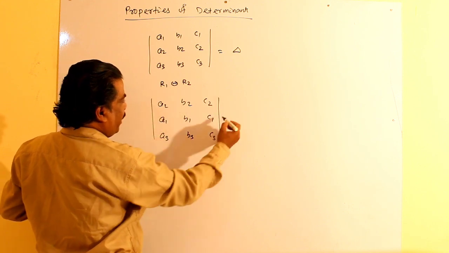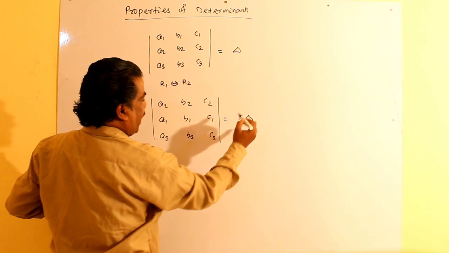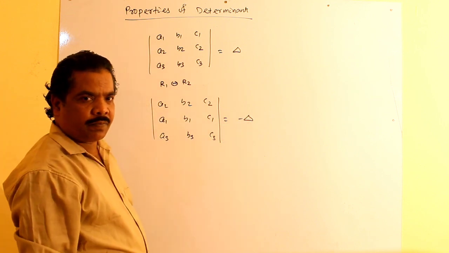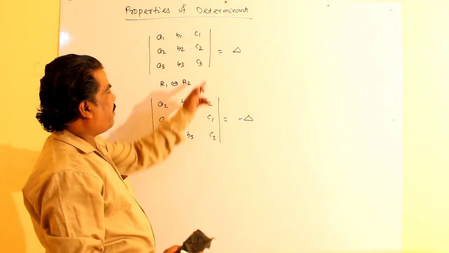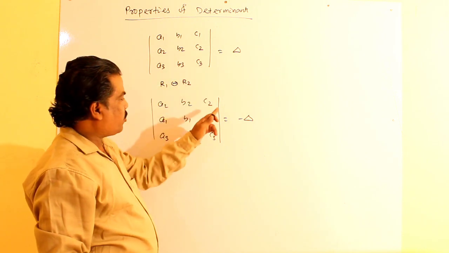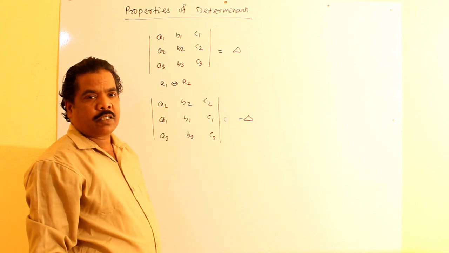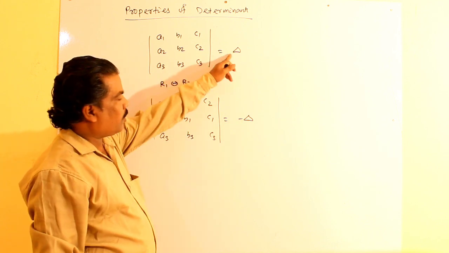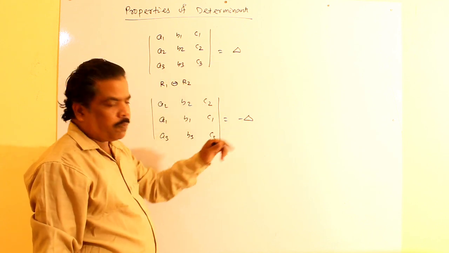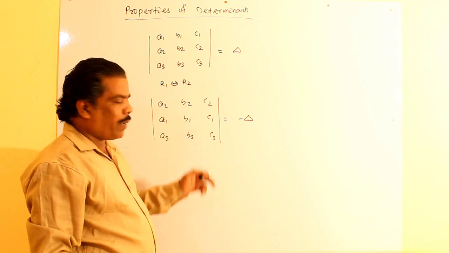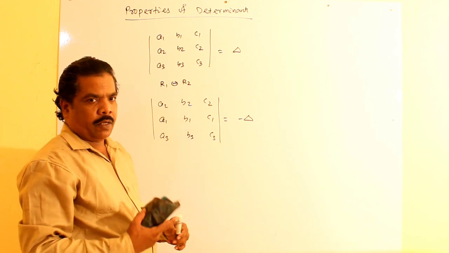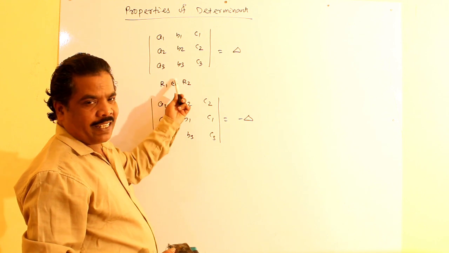Here, the absolute value remains the same, but the sign is changed. Suppose the determinant value is equal to 100. If you change two rows, then the value is equal to minus 100. So the absolute value remains the same, but the sign is changed.